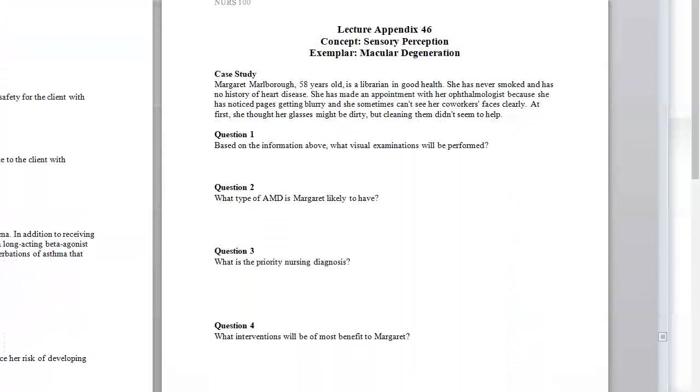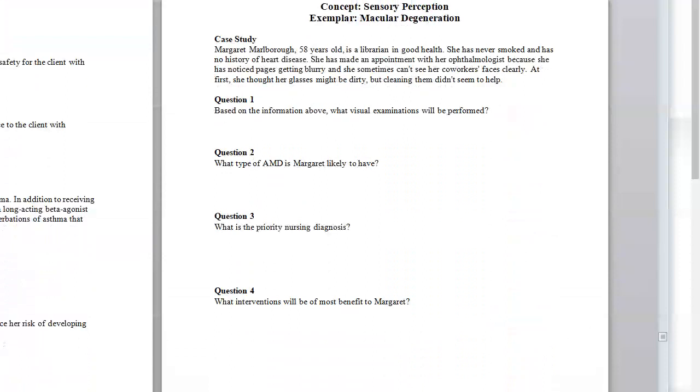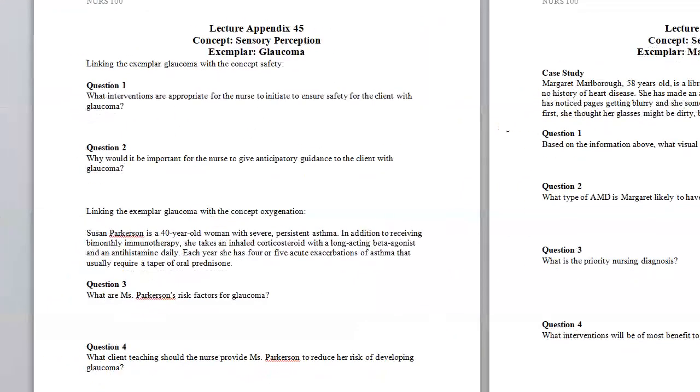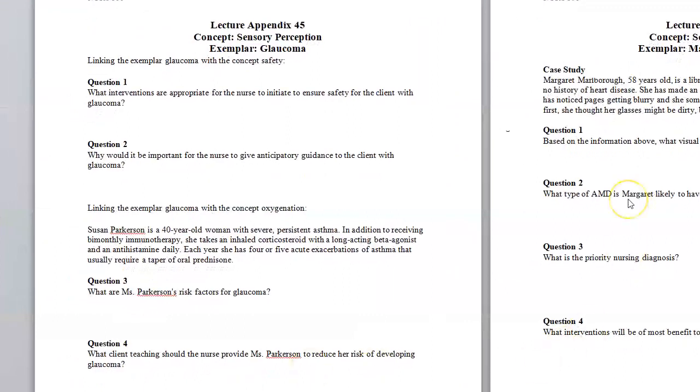Again, looking at the concept of safety in regards to glaucoma. It says, what interventions are appropriate for the nurse to initiate to ensure safety for the patient with glaucoma? We want to make sure that intraocular pressure is in check.